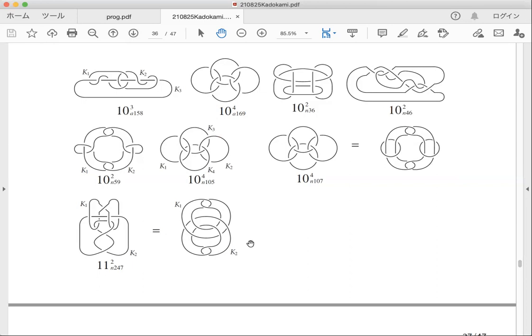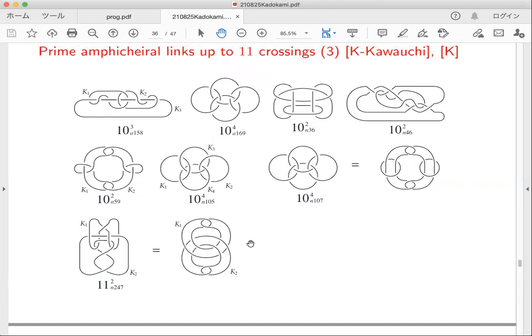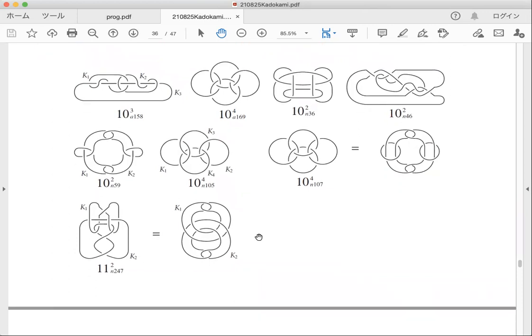So is it still difficult to solve your conjecture, even when we assume that all components are trivial? I don't know well now.